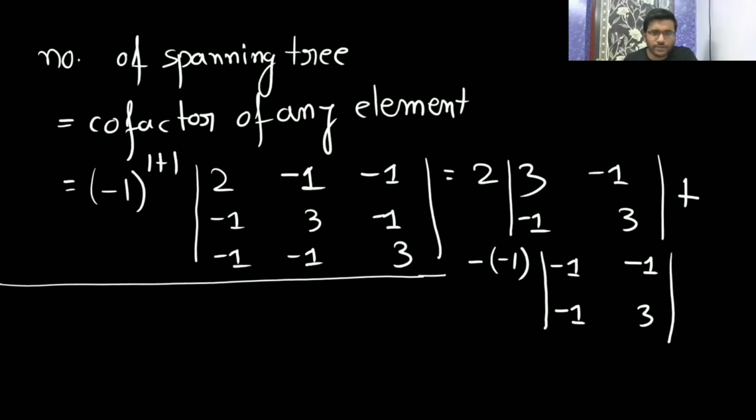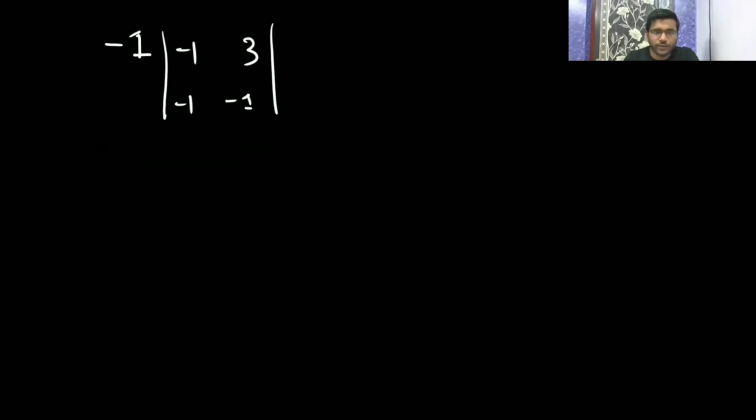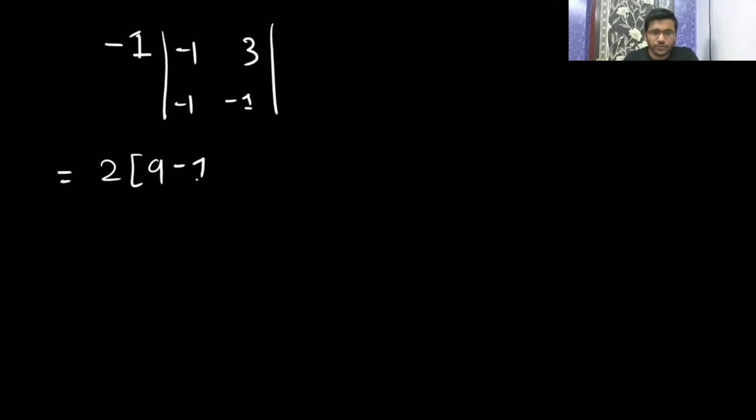-1, plus minus plus, then -1 3 -1 3, -1 3 -1 -1. Okay, so here you are getting 2 into 2 into 9. It's 2 into -1.